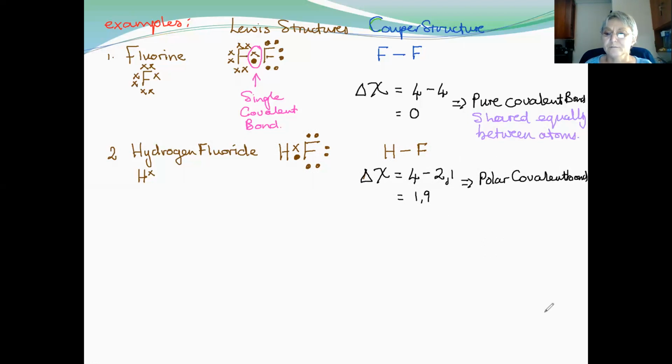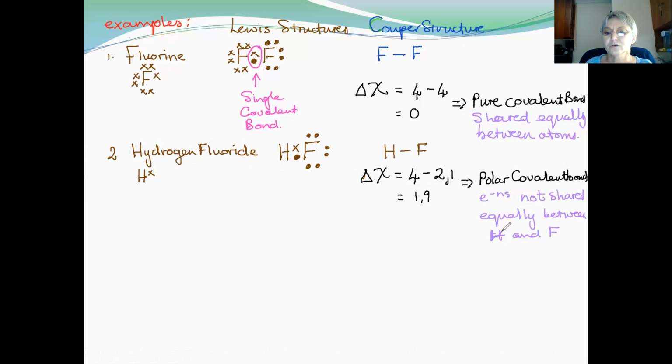And what's the meaning of that? It means that the electrons are not shared equally between hydrogen and fluorine.